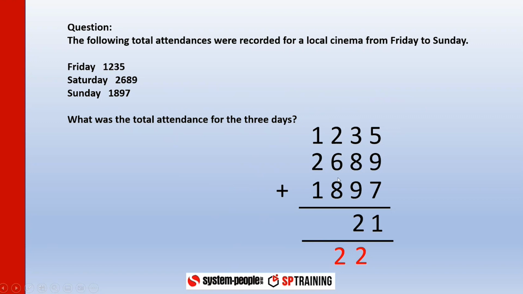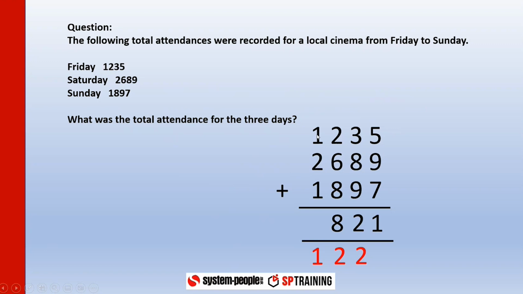And then I add these numbers together. I start with the 2 and the 6 making 8, and 8 more, which makes 16, plus the 2, and I get 18. So I put my 8 in the hundreds column with 1 carried over into the thousands column.